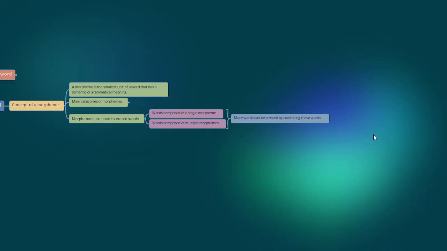It can't be broken up any smaller and still have semantic meaning or a grammatical function. Then we've got words that are comprised of multiple morphemes. And then we can even go and stack these words on and create additional words by combining the words that we made up of the different morphemes.